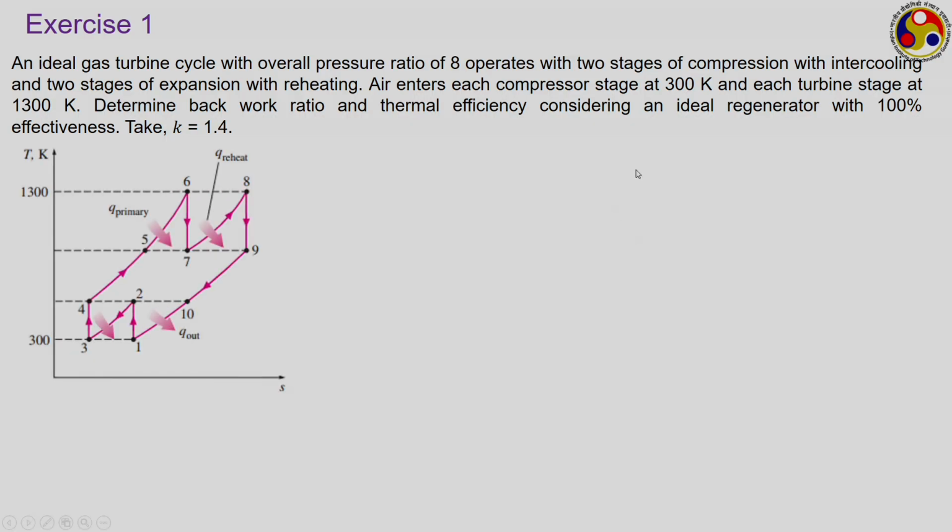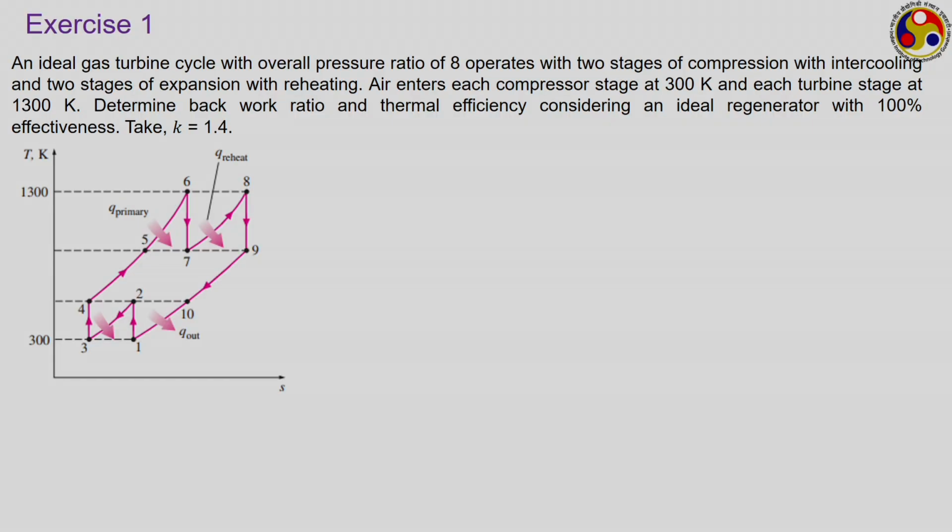Now, this is the scenario where 1 to 2 and 3 to 4 are the 2 stages of compression, 6 to 7 and 8 to 9 are the 2 stages of expansion, 2 to 3 refers to the intercooling process, and similarly 7 to 8 refers to the reheating process. So, how do we approach this particular problem now? We solved this problem in the previous lecture, but without the regeneration, so we are going to follow a similar procedure here also. Here the overall pressure ratio is given as 8.